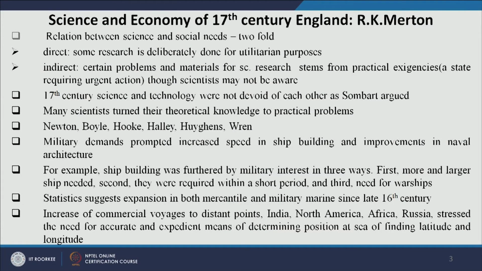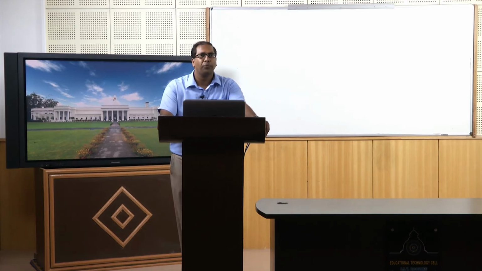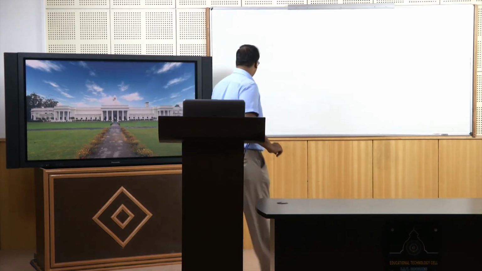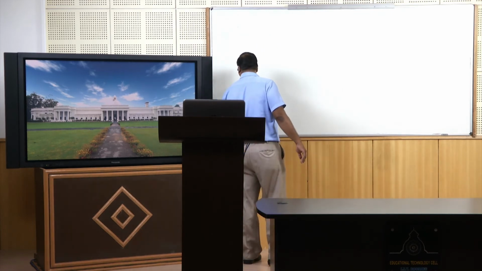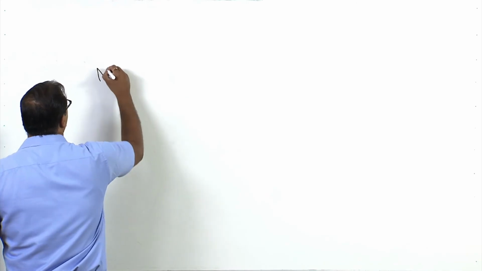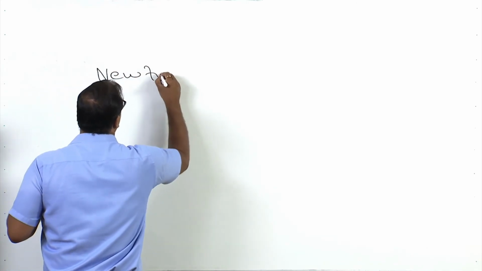Many scientists turned their theoretical knowledge to practical problems. For instance, Newton, Boyle, Hooke, Halley, Higgins, Wren, all the scientists turned their theoretical knowledge to solve practical problems. I'll just write down some of the names of the scientists.